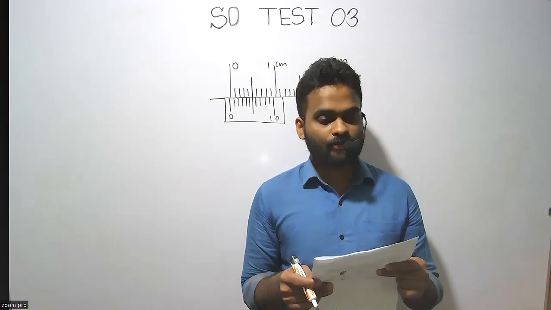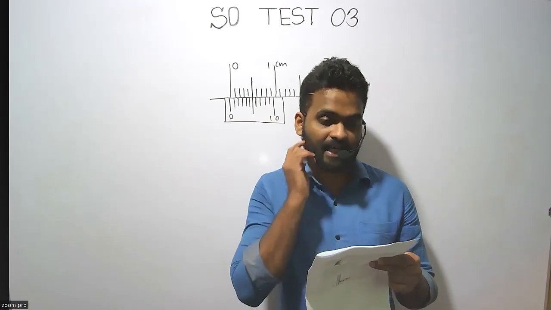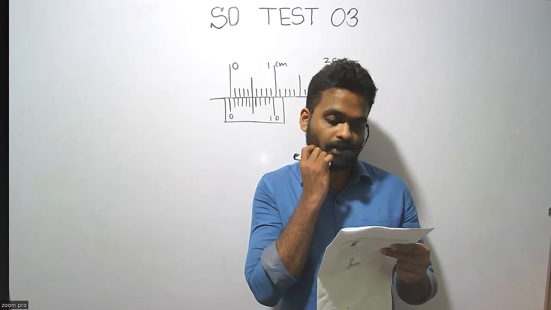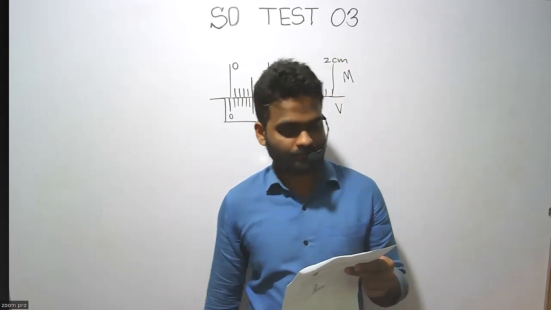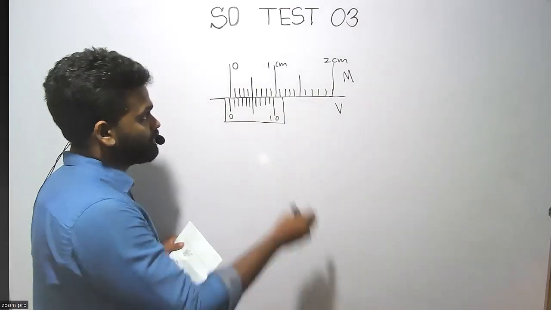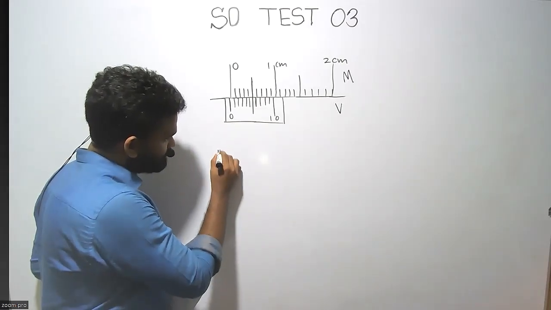Right, 9th question. When the external jaws of a vernier caliper touch, its arrangement is shown by the image. What is the zero error? And they say least count is 0.1 millimeters. Right. So external jaws means these two.